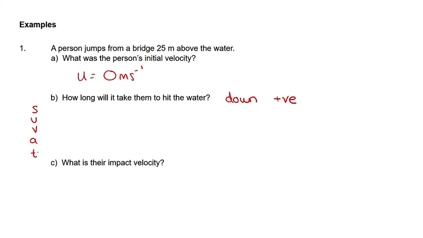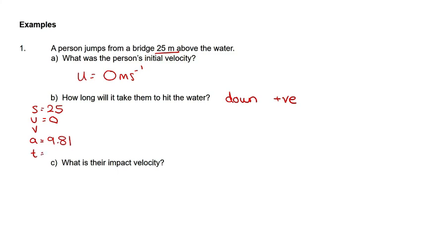So SUVAT. Now the bridge is 25 meters above the water, so they end up going 25 meters down, so that's s equals 25. u is 0, v we don't know, acceleration is 9.81, of course, always, and that's positive because we've said down is positive.